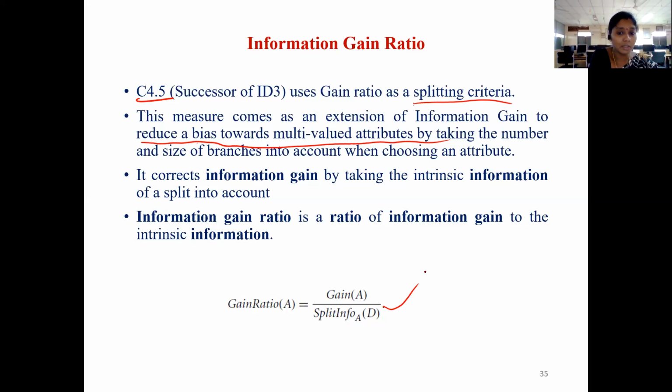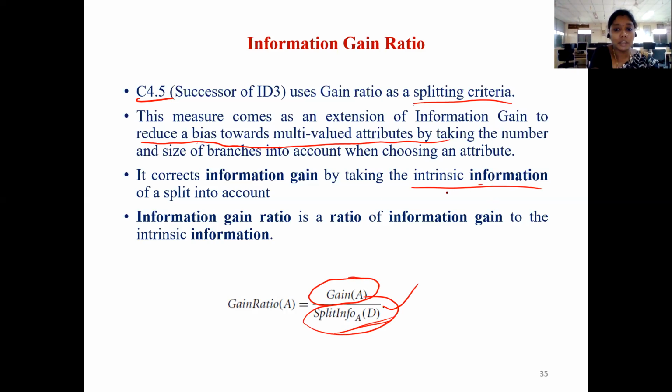This is the formula for the information gain ratio. For this also we need to calculate the information gain, and we need to divide that by the intrinsic information. This is called intrinsic information, and here it is represented in terms of split information.